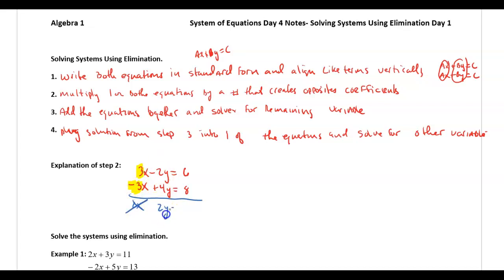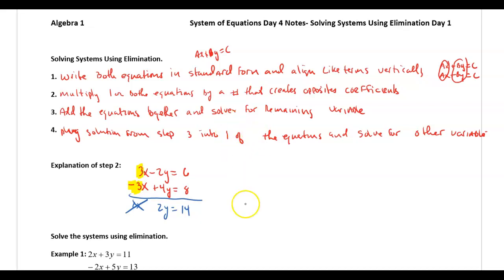So when I add them together, one variable eliminates, and I have one remaining. Once I do that, I'm going to add the equations together and solve for the remaining variable.